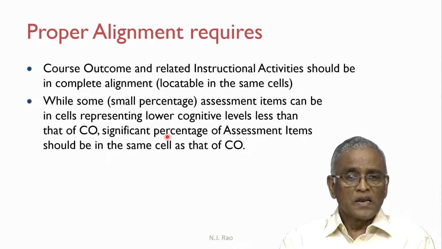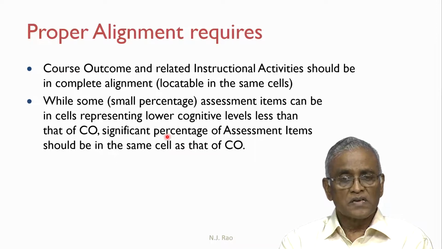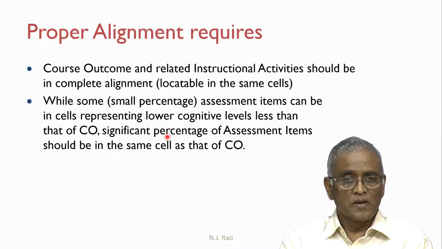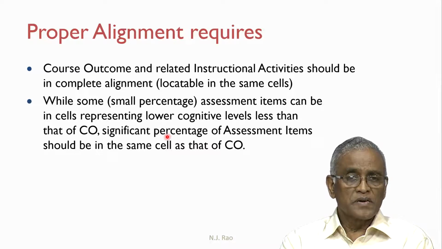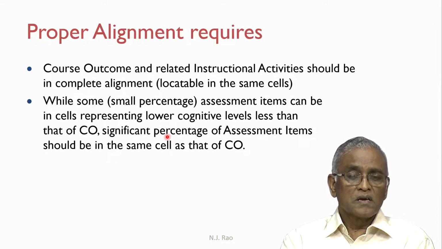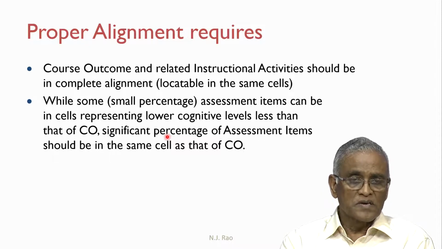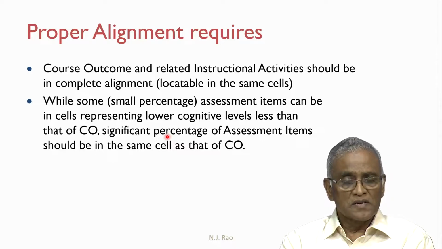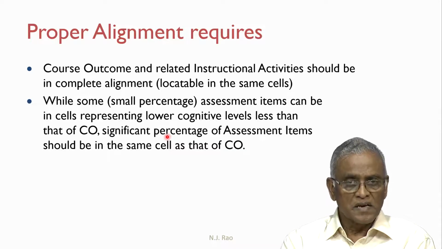So, proper alignment requires course outcomes and related instructional activities to be in complete alignment. They should be located in the same cell. But remember that when I put both the instructional activity and the course outcome statement at a particular cognitive level, the knowledge elements of the course outcome and cognitive processes at the lower level are considered to be taken care of.